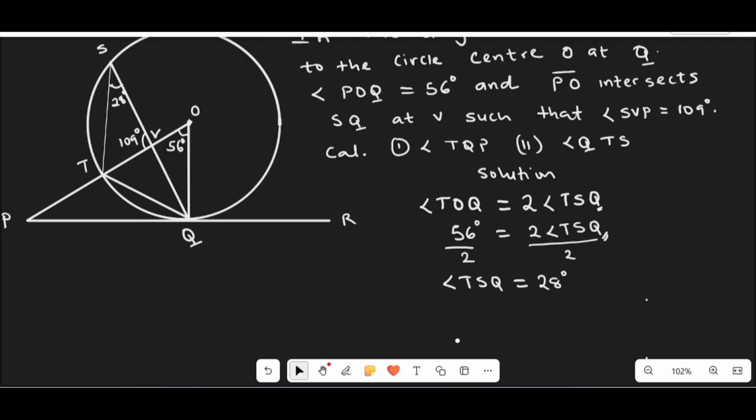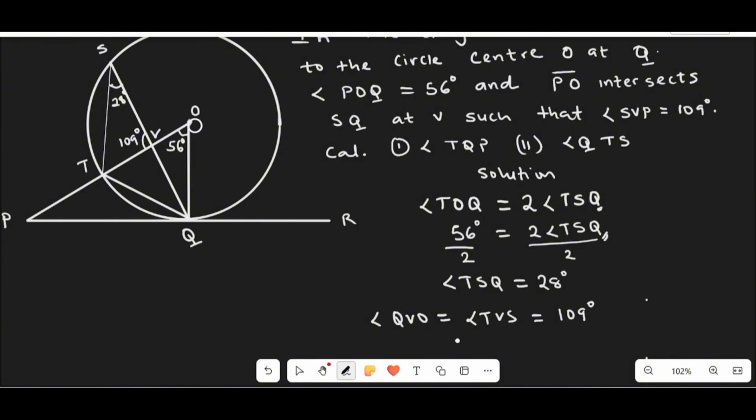Angle QVO is equal to angle TVS because they are vertically opposite angles. Angle QVO equal to angle TVS, which is equal to 109 degrees.